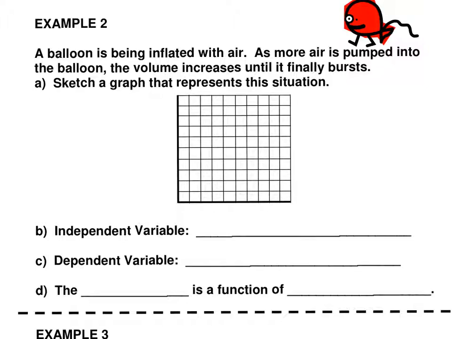So air is being pumped, so that's a variable. And as the air is pumped, the volume increases. So you have air, write that down, and you have volume. So which one is dependent on the other? The air is what you have control over, so the amount of air will be your independent, because you have control over the amount of air that you put into the balloon.